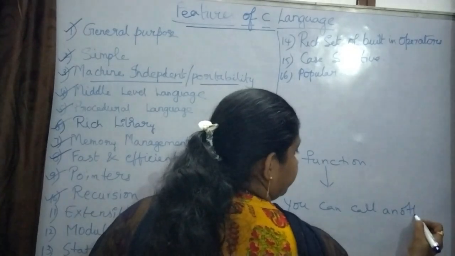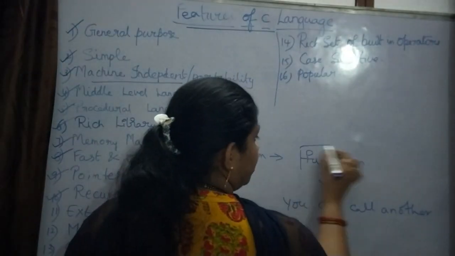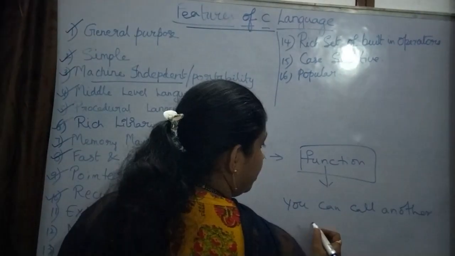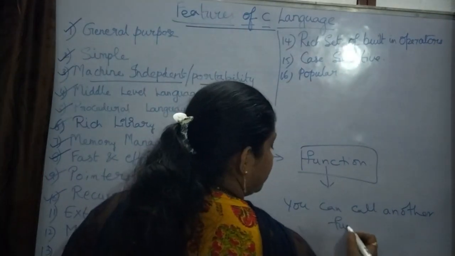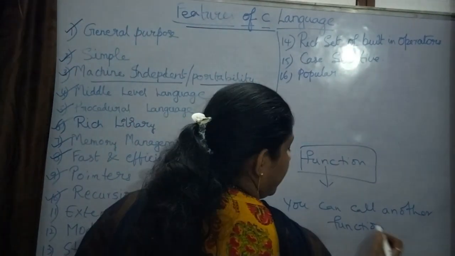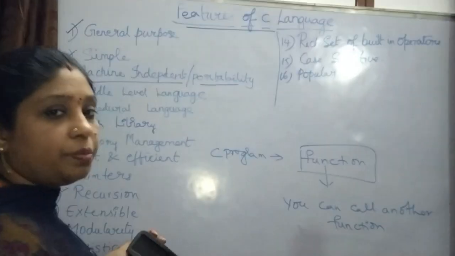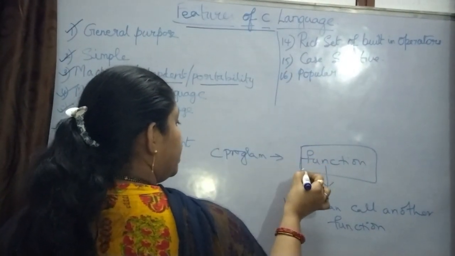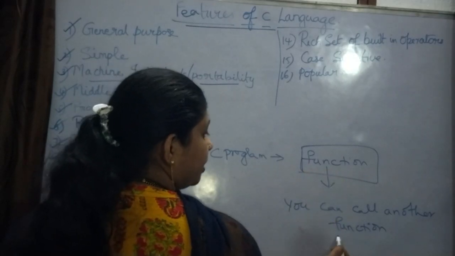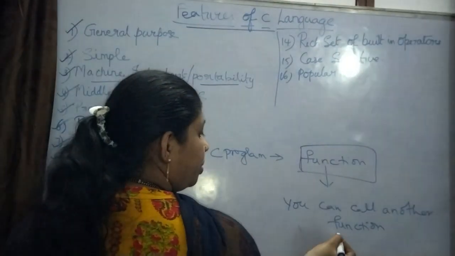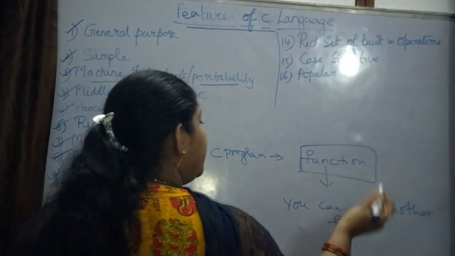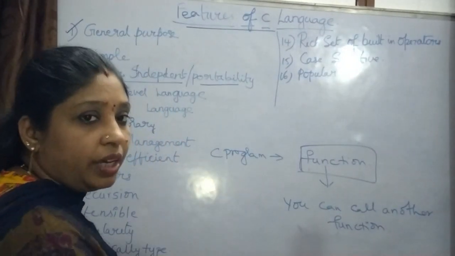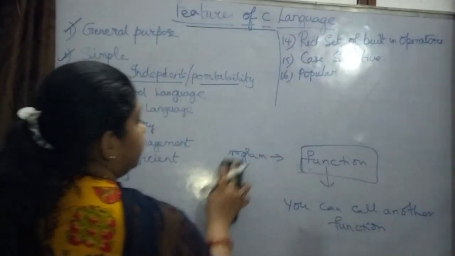In one function you can call another function. This is called recursion. The concept is that in a C program, a function can call another function. Not only one function, it can call many functions. This is called recursion.